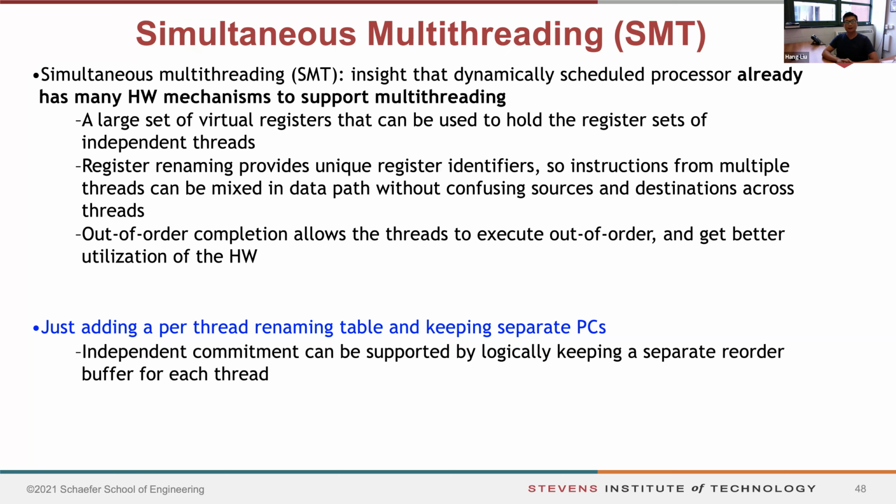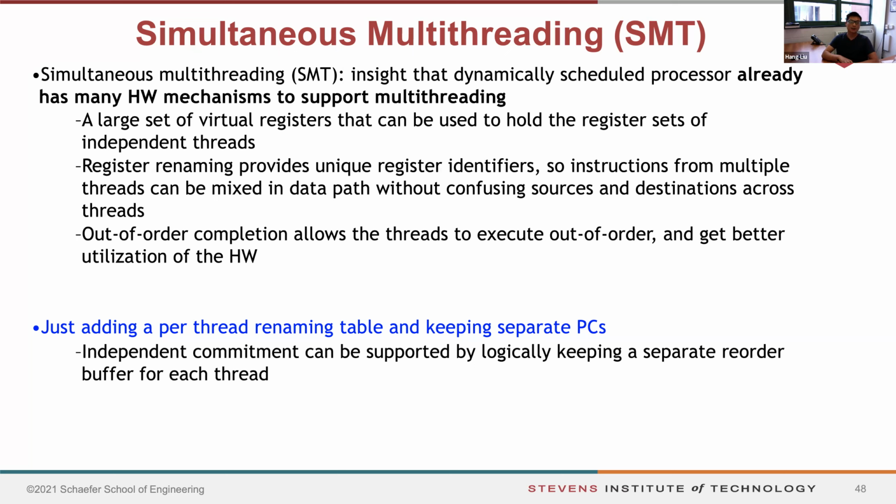Register renaming provides unique register identifiers, so instructions from multiple threads can be mixed in the data paths without confusing sources and destinations across different threads. So basically, the registers also have to know which thread they come from.